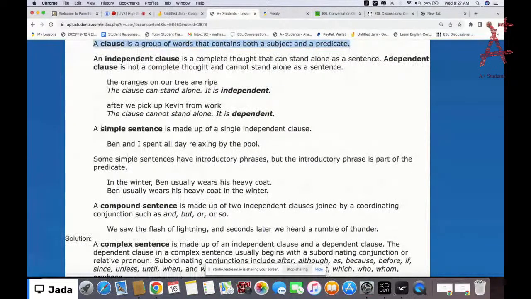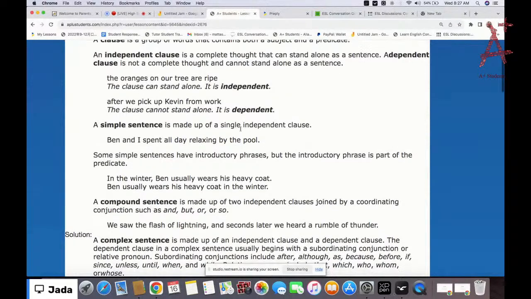So, Ben and I spent all day relaxing by the pool. That's an independent clause, so it's a simple sentence.